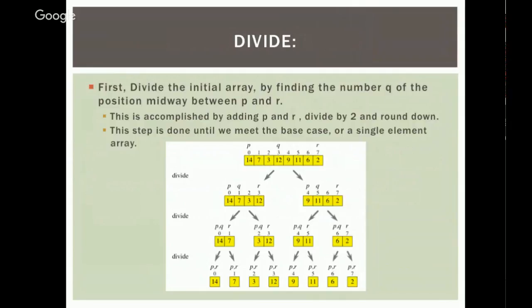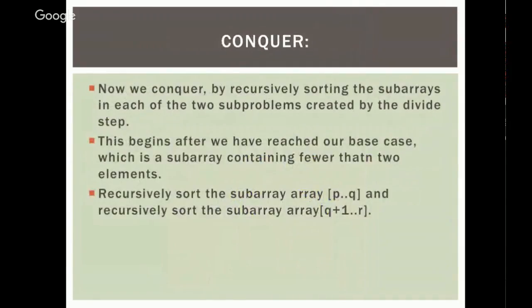Each of those is split into 2 more, and those are split into 2. So that's why it's 2, and this is recursive. Each time merge sort is called, it's just dividing into 2 different lists. After this begins, we've reached our base case, which is a subarray containing fewer than 2 elements. We have a little misprint there. So we recursively sort the subarray P to Q, and we recursively sort the subarray Q plus 1 to R.